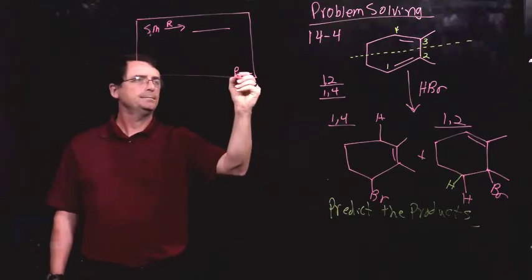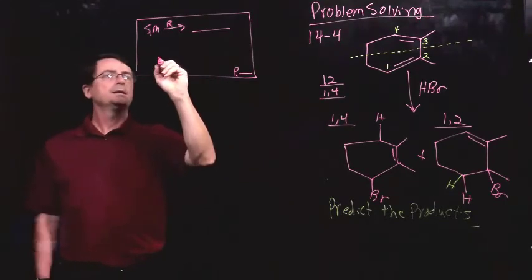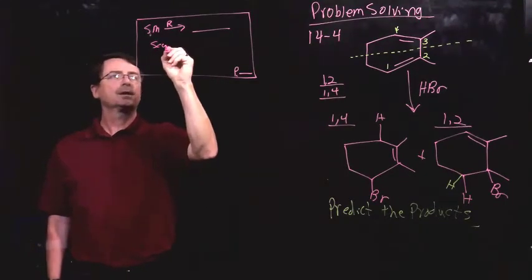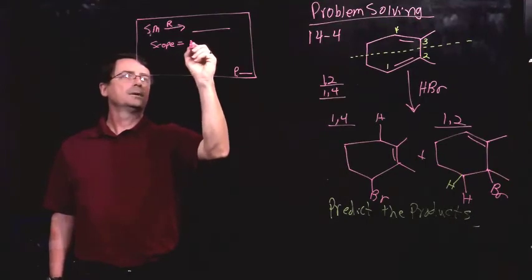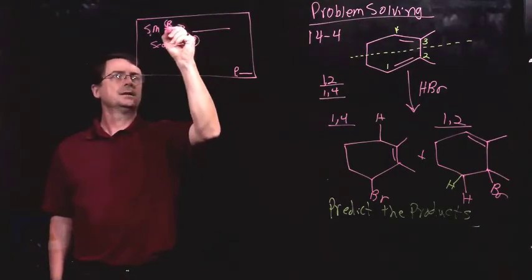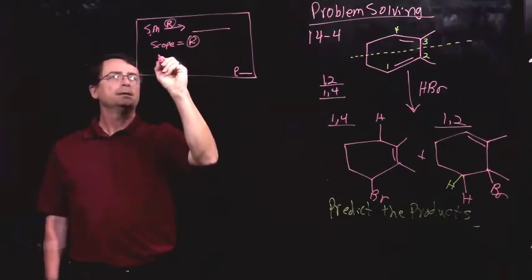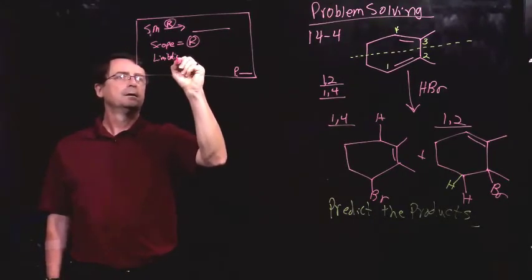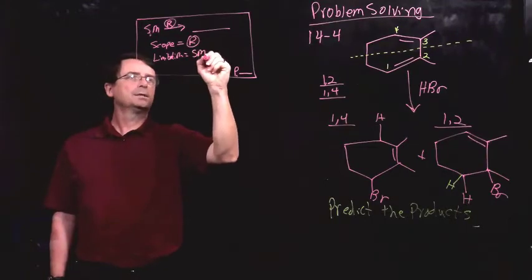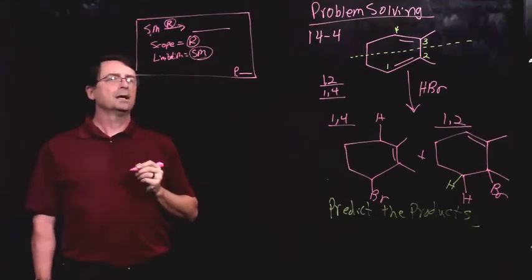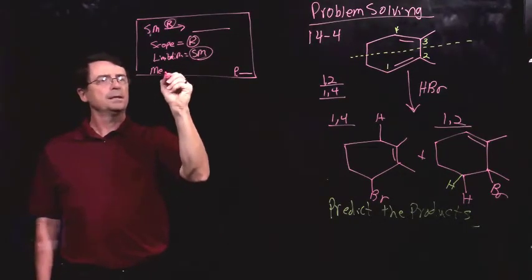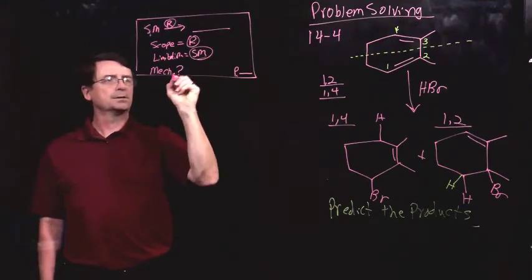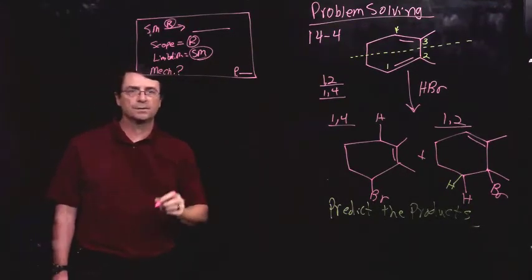Okay? I will make a note, something about the scope. Okay, that might relate to my reagent here, or it might relate to a limitation of the starting material. Okay, and then I always make a note, do I need to know the mechanism of this reaction? And if I need to know it, I put a little question mark.